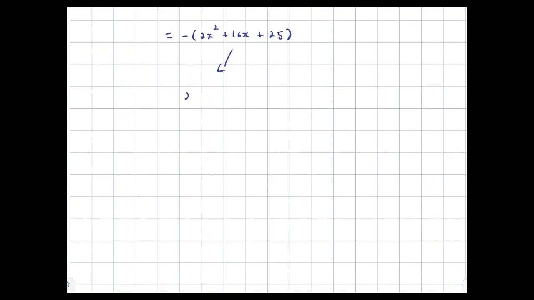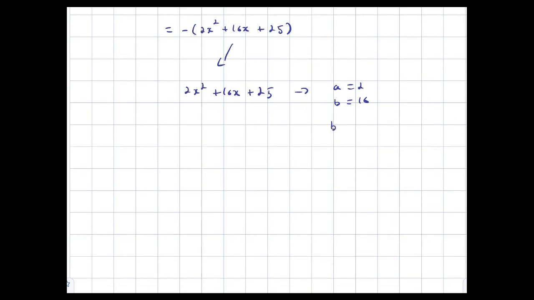So we're looking at 2x squared plus 16x plus 25, and now we have an a value of 2 and a b value of 16. So b squared over 4a is going to be 16 squared over 4 times 2.